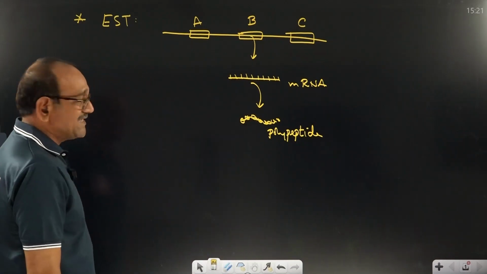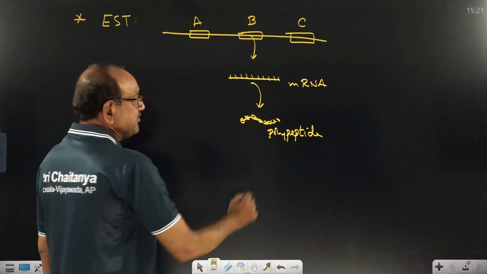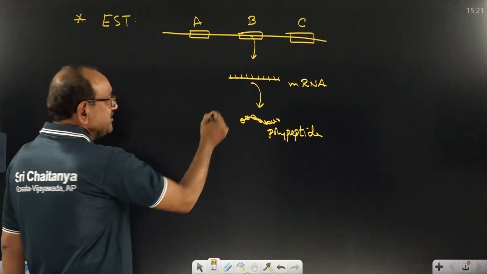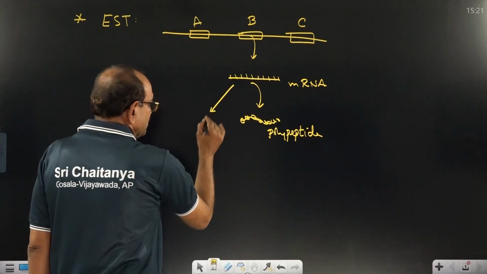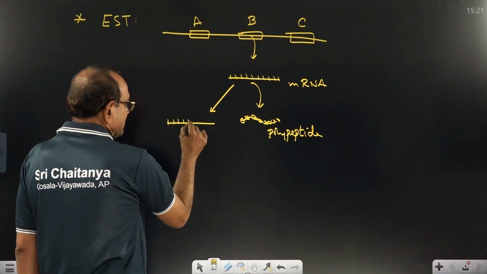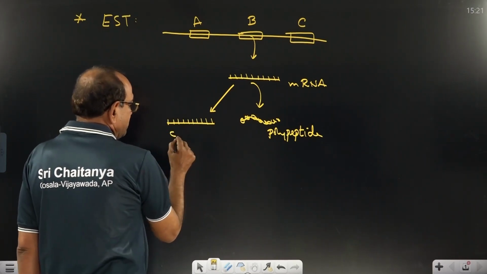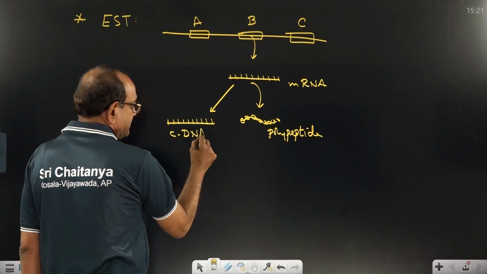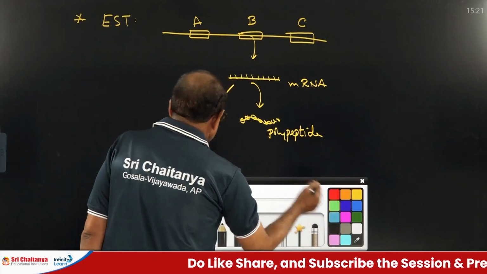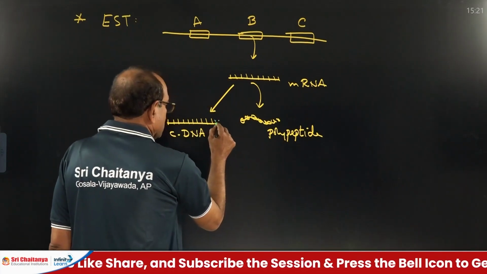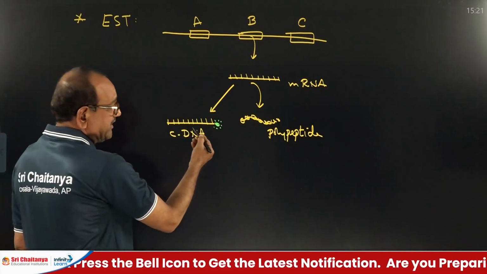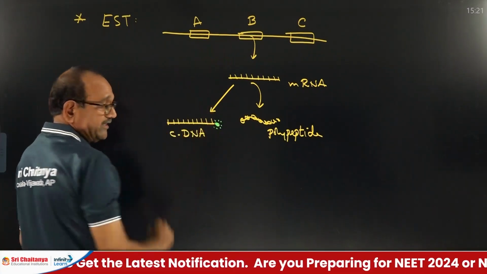In the EST, expressed sequence tags, first of all, we had to collect this mRNA from the cell. Based on this mRNA, we had to produce a complementary DNA, cDNA. By using autoradiography, that is, we had to tag one radioactive isotope to this cDNA and leave this cDNA tagged with radioactive isotope onto the DNA.